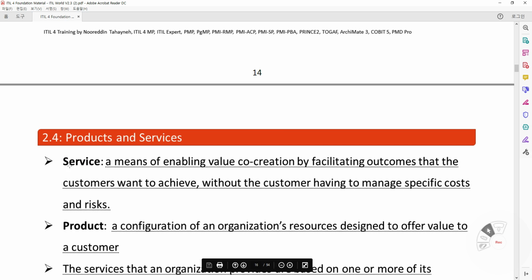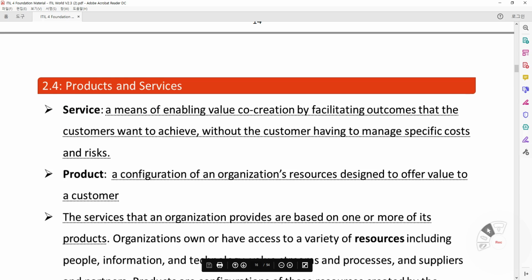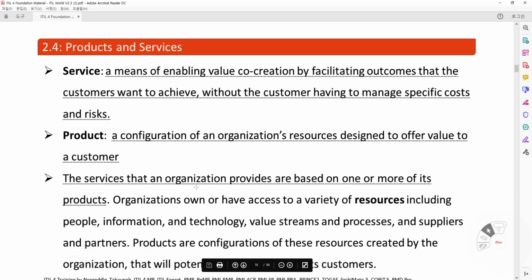Product and services. Service, a means of enabling value co-creation by facilitating outcomes that the customer wants to achieve, without the customer having to manage specific cost and risk. Product, a configuration of organization's resources designed to offer value to a customer. The services that an organization provides are based on one or more products.